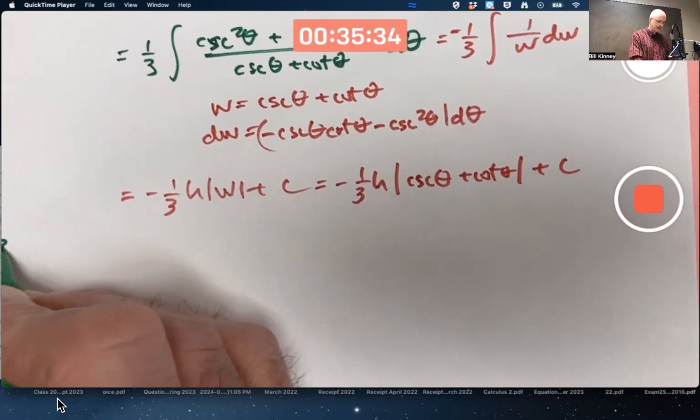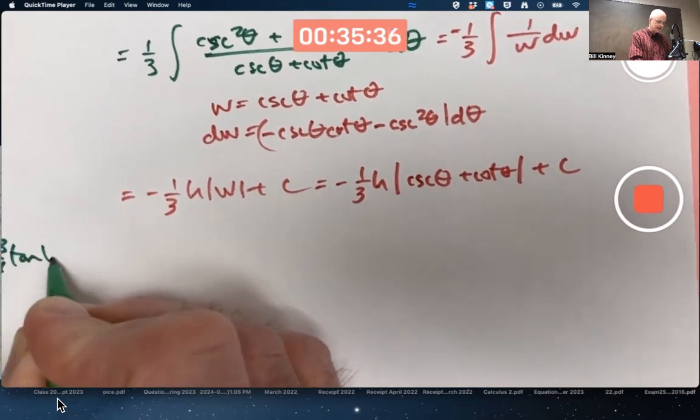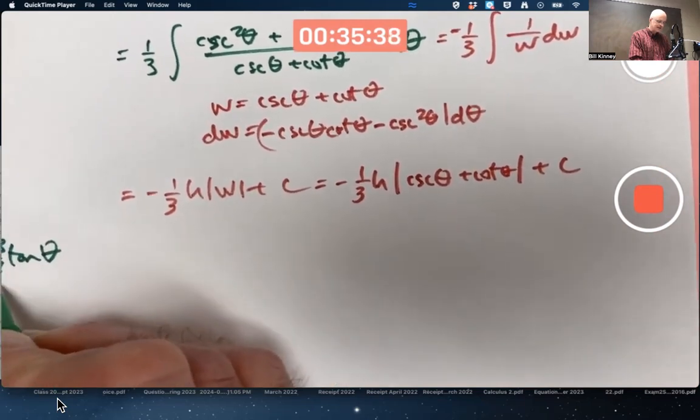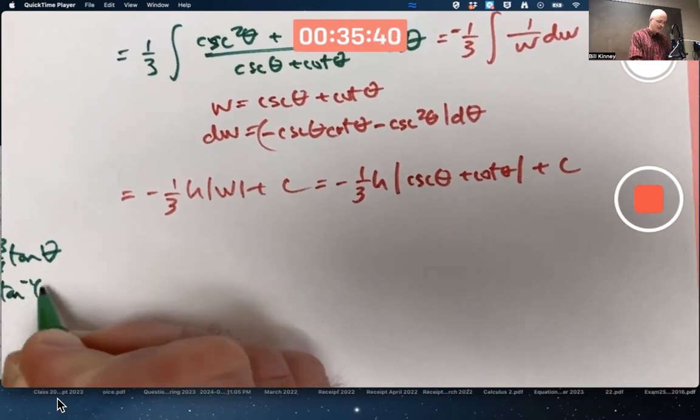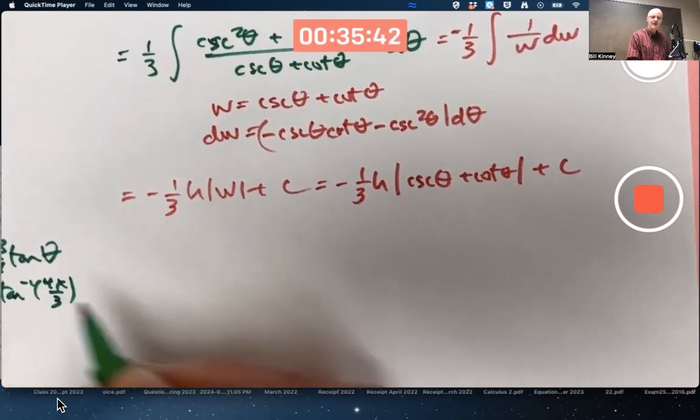x was 3/4 tan theta. Theta was inverse tangent of 4x over 3.